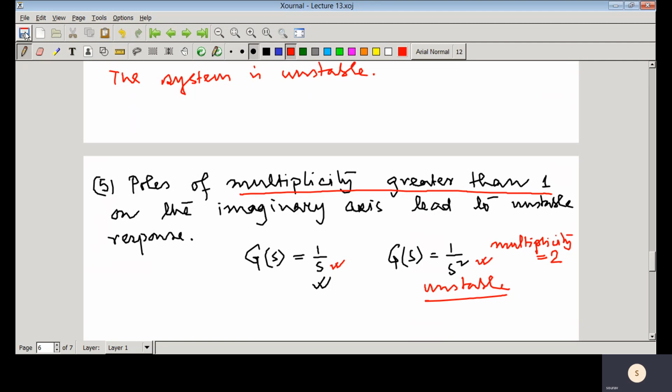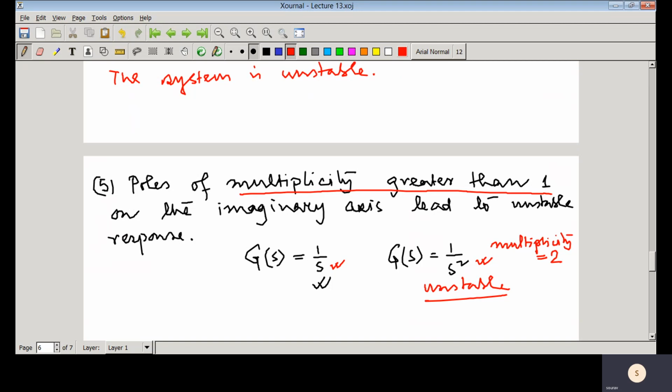Suppose you apply a bounded input, say a unit impulse. In that case G(s) would be 1 by s square and the output y(t) would be equal to t, that is a ramp type of signal.